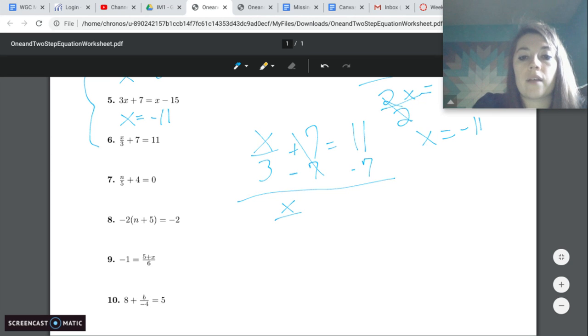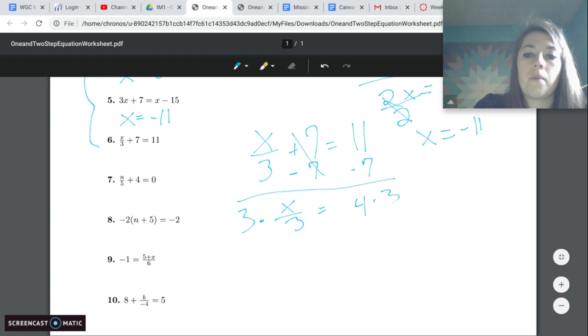We have x over 3 equals 11 minus 7, which is 4. Now, we're dividing by 3. How do we undo division? Multiplication. So we multiply both sides by 3. So x equals 4 times 3, which is 12.